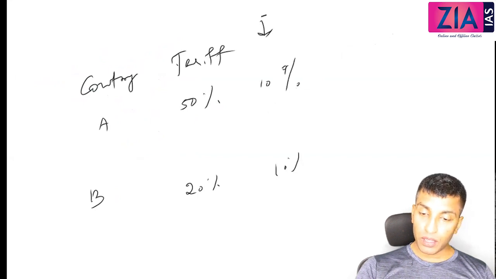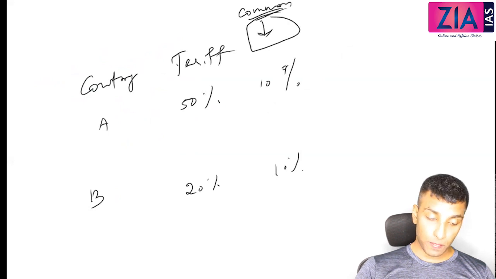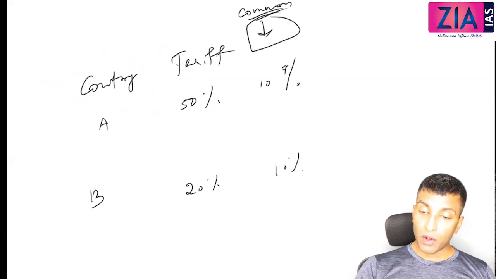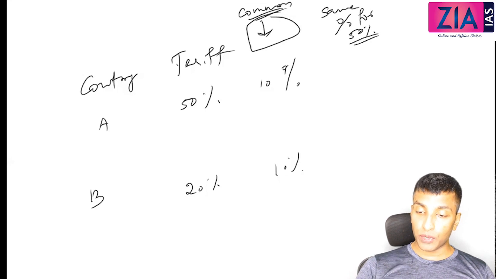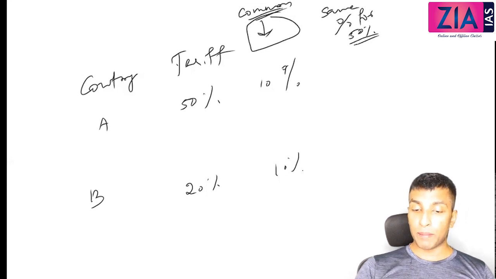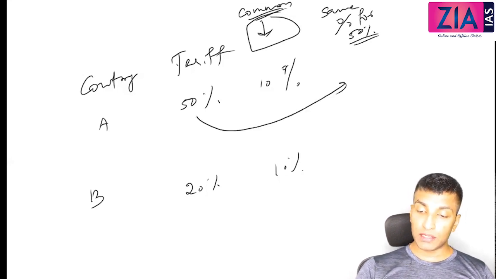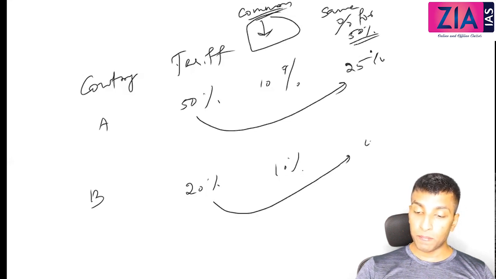Here we are fixing a common rate for both. Or we can fix the same percentage reduction for both. Let's say 50% reduction, both have to reduce by 50%. Then this 50% will be 25%. This 20% will be 10%.